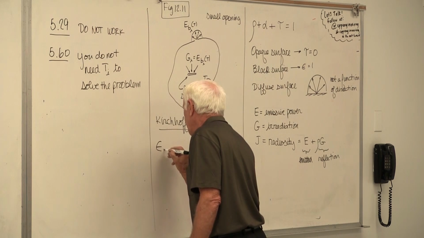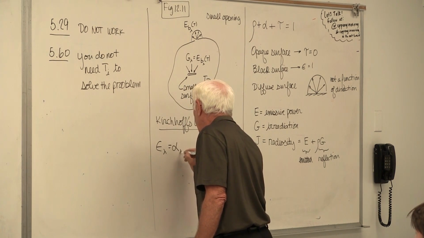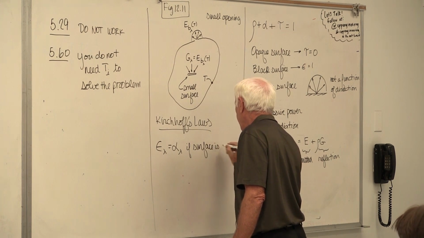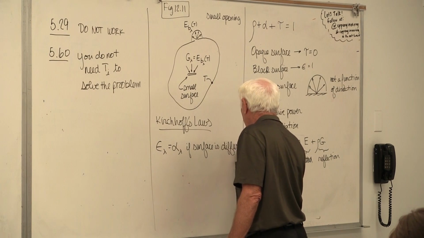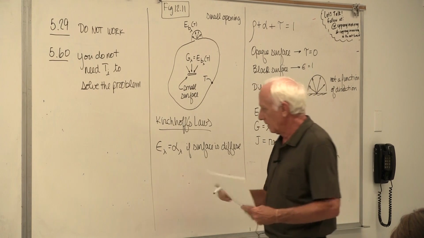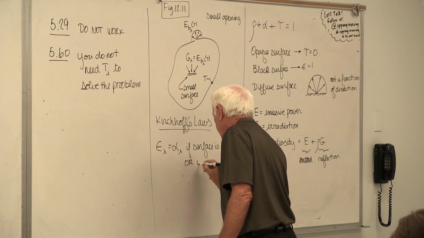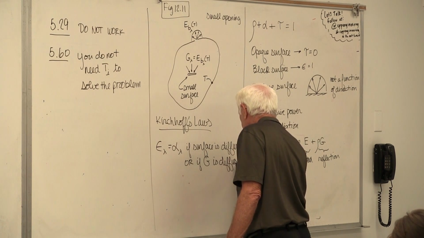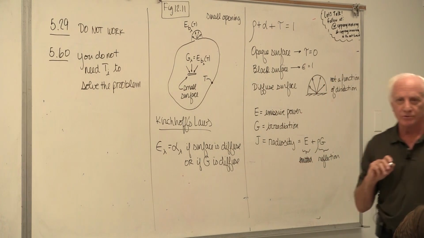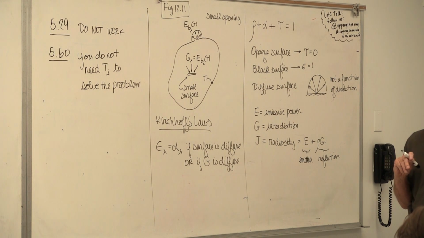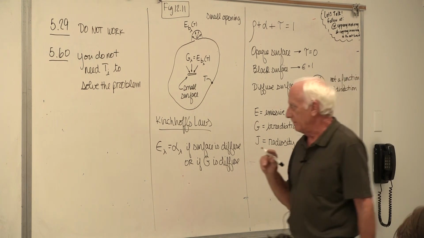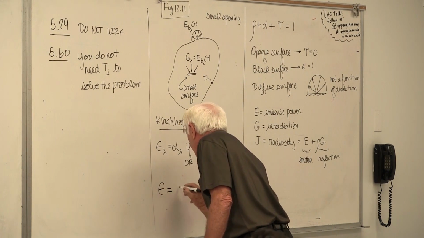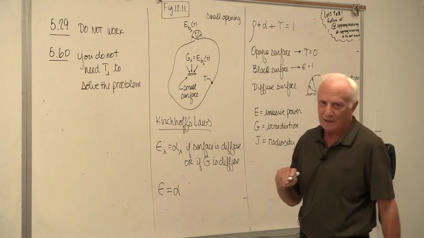You can say that epsilon lambda equals alpha lambda if the surface is diffuse. The chapter kind of walks you through it. That's the first of Kirchhoff's laws. The second one is you can say epsilon equals alpha, no lambda subscript.